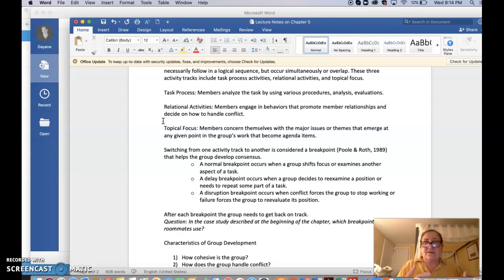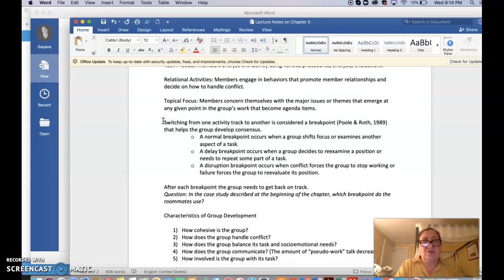And as it happens, groups may actually assign topics to smaller groups, subcommittees, for example. These are important issues still, but they become agenda items only after the group reaches a certain point, and finds it necessary to address those issues.